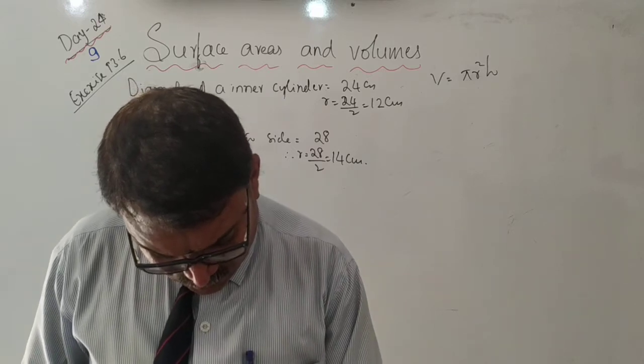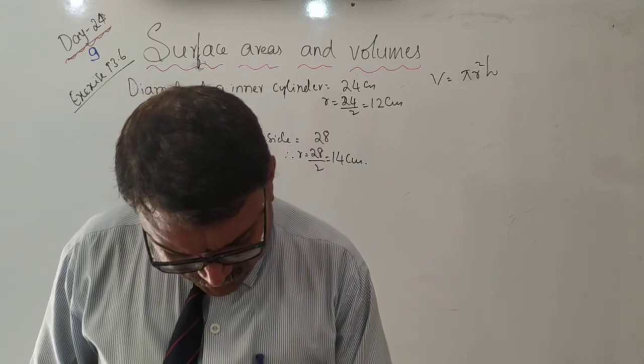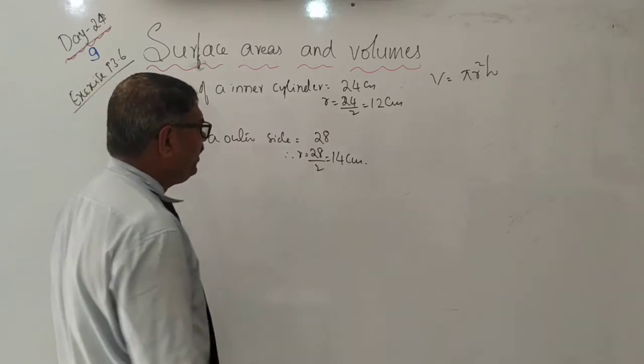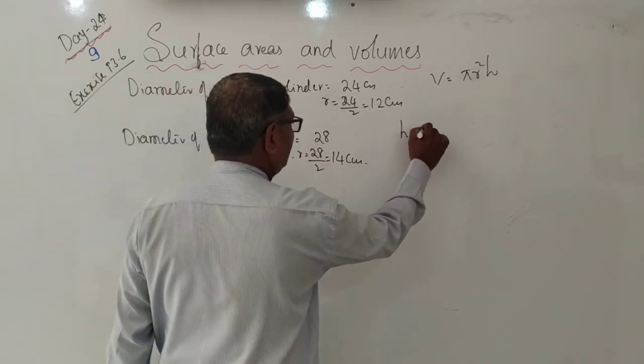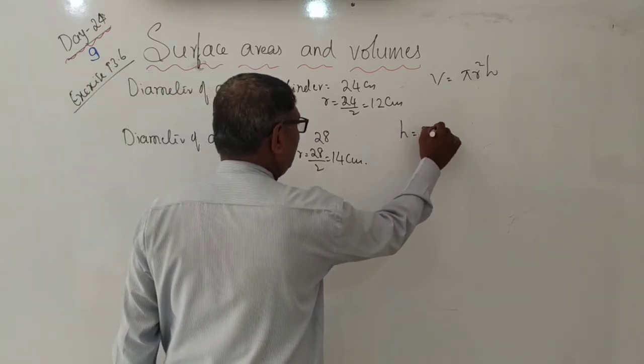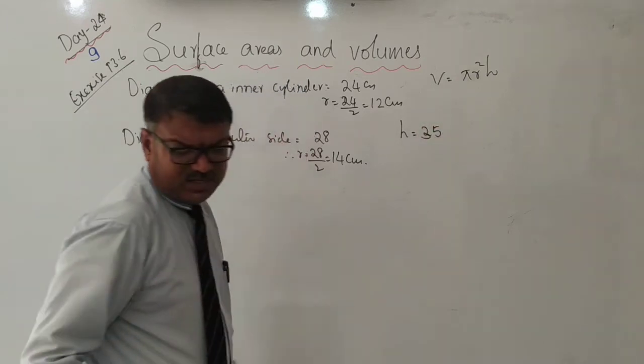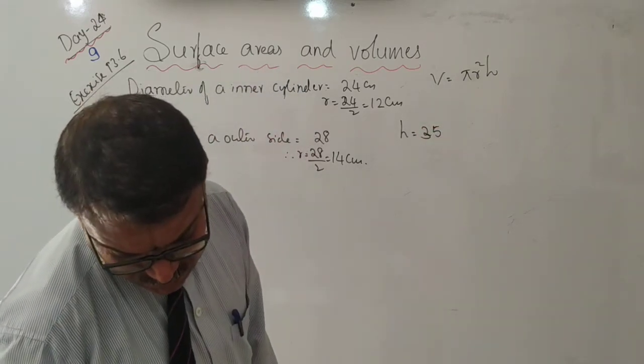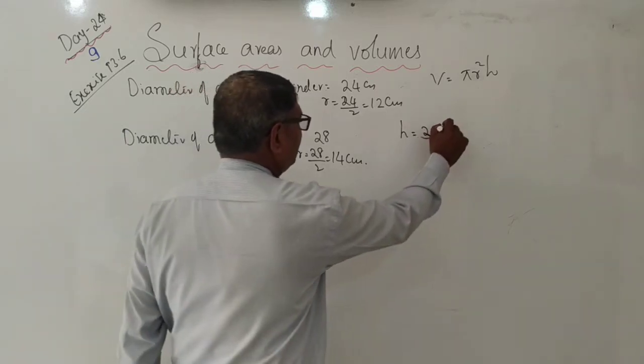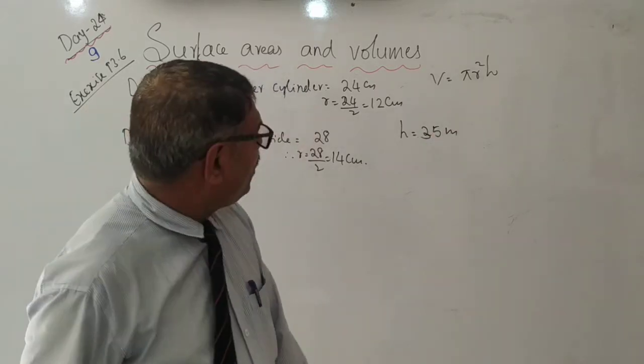The length of the pipe is 35 meters. Length is nothing but how much is it? Height only. 35 centimeters.